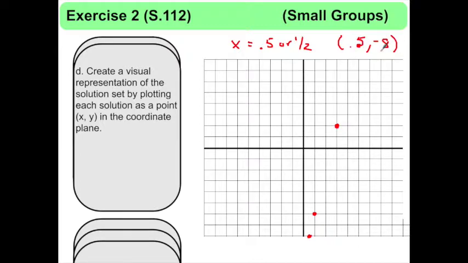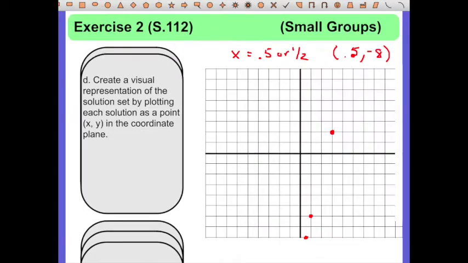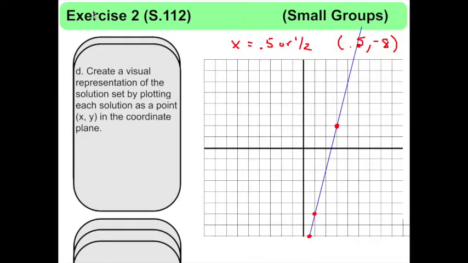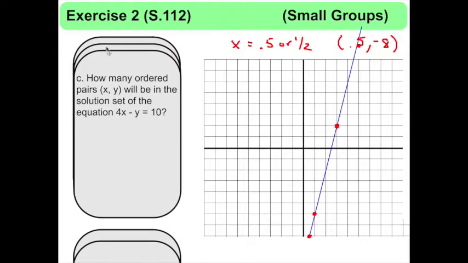What we're hoping the students get a sense of in this particular perspective is whenever we go in and draw a line or try to connect the dots through these points, the students will observe that we have a linear pattern occurring through these given points. It's an observation that we want the students to make, because if we go back and look at part C, how many ordered pairs x and y will be in the solution set for this given equation?